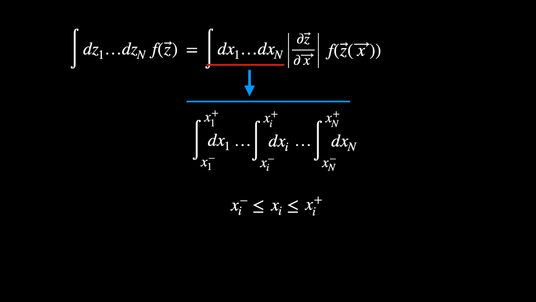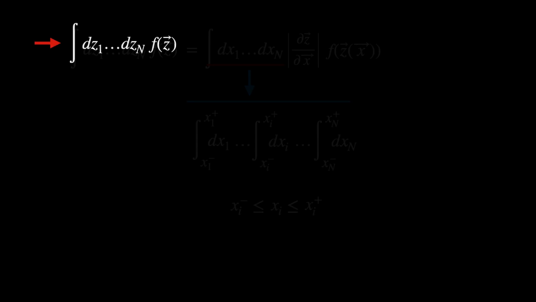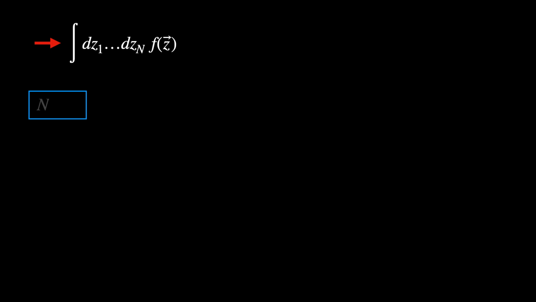We indicate an upper limit by a plus superscript and a lower limit by a minus. An example from the single variable case should clarify our point. In this integral, we are following our convention. The upper limit z2 is larger than the lower limit z1.